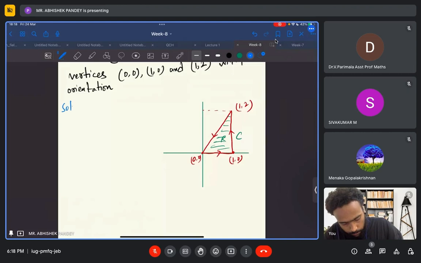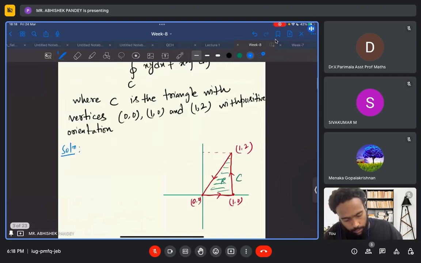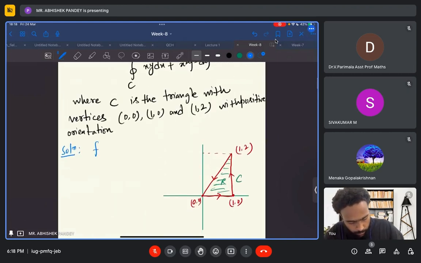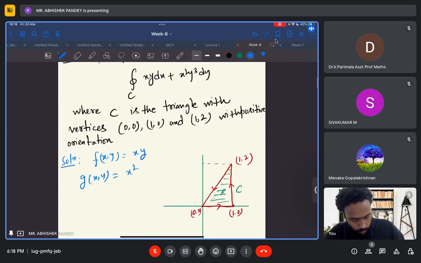Solution. Now here f of x comma y is xy, and g of x comma y is x square y cube.